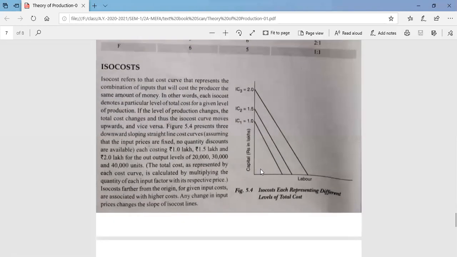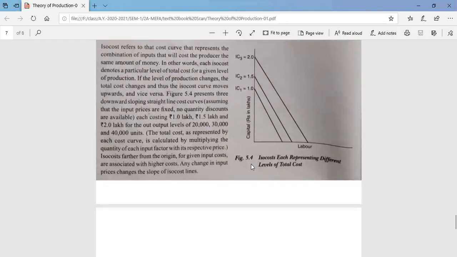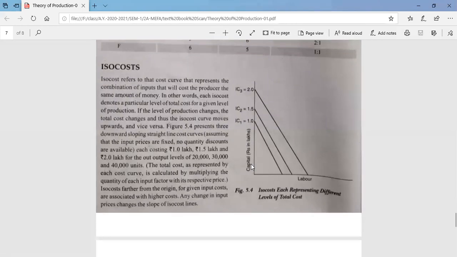Next, what is ISO costs? ISO means equal, costs means capital or cost, whatever it may be. So along the curve, the cost is same. Along the curve, the cost is same. That means here IC1 is 1 lakh rupees.